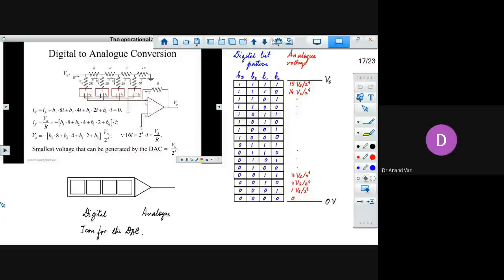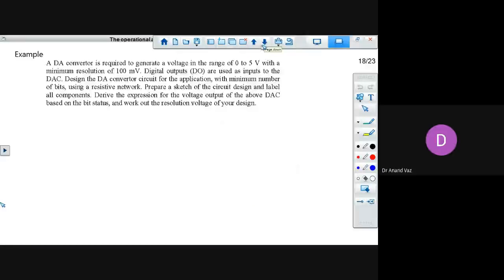Let us proceed further. Let us take an example. In this example, a digital to analog converter is required to generate a voltage in the range of 0 to 5 volts with a minimum resolution of 100 millivolts. Digital outputs, that is DOs, are used as inputs to the digital to analog converter.